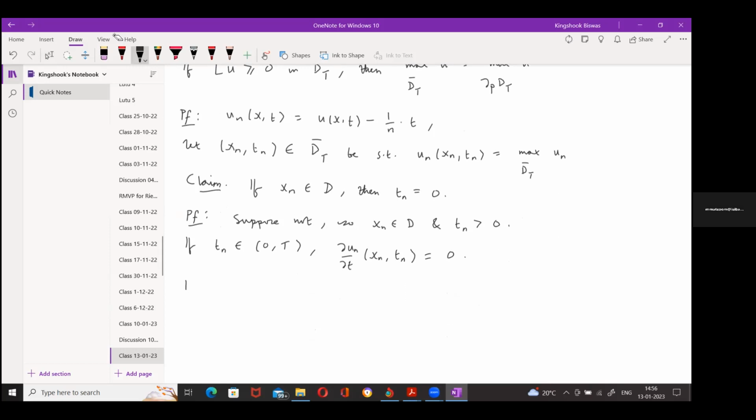Otherwise, if Tn is equal to capital T, then I can take a one-sided derivative.